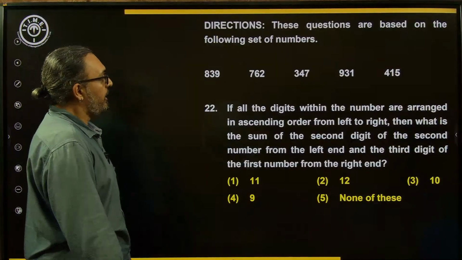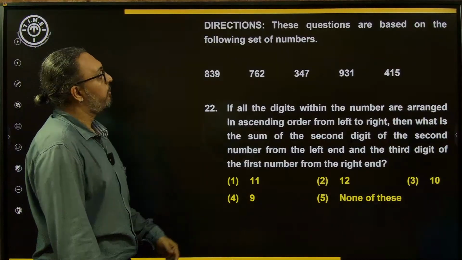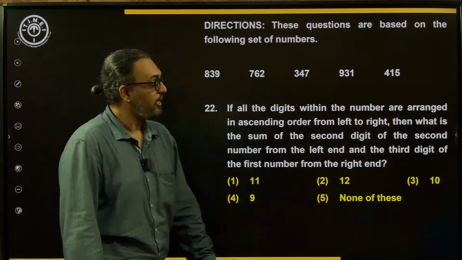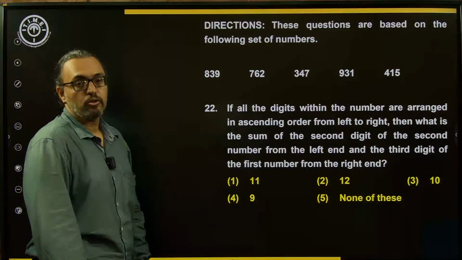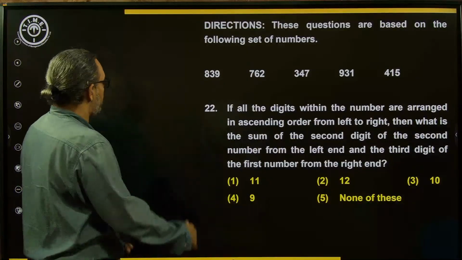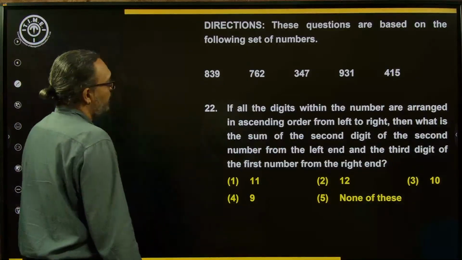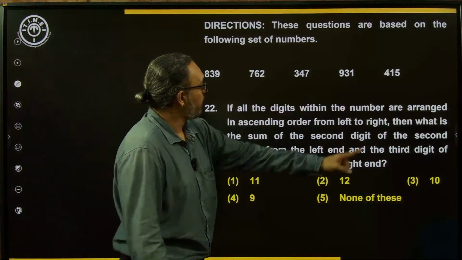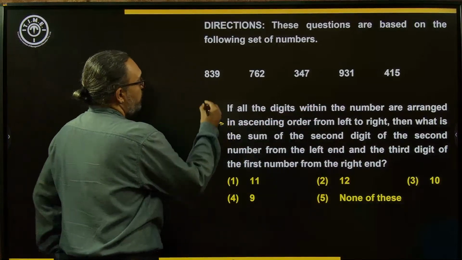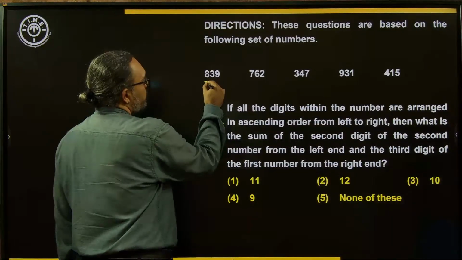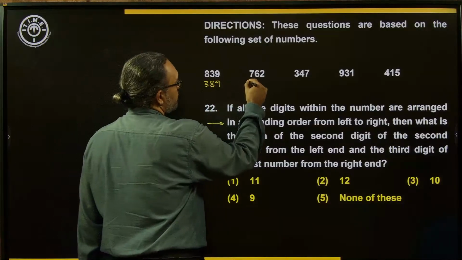Okay. Now, next one is about set of numbers. Some instructions will be given. We have to follow that. Right. So now 22 says if all the digits within the number are arranged in ascending order. So within the number, if I arrange them in ascending order like this.